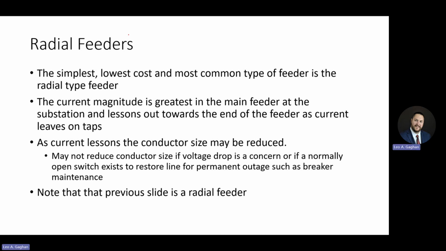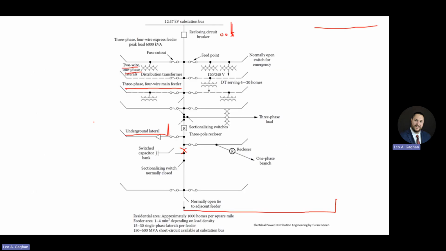Note that the previous slide is a radial feeder. So, yep, current flows this way, doesn't flow the other way. I believe we said at the beginning of this class, radial is a line that only has one positive sequence source. If they were to tie the switch in with the other source over here, it would no longer be radial.